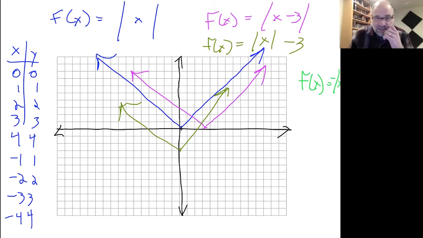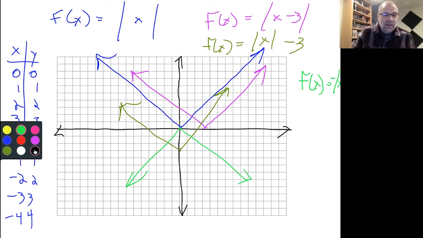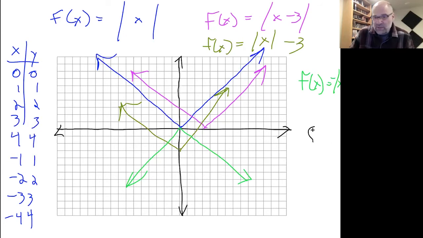I'm glad I did that because obviously you can do multiple things in the same function. You can shift it horizontally, vertically. You can flip it. So for example, if I did f of x equals negative absolute value of x plus 2, plus 8. Well, what this is going to do is it's going to shift.